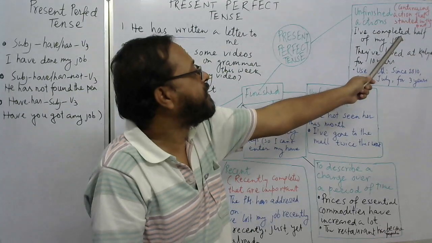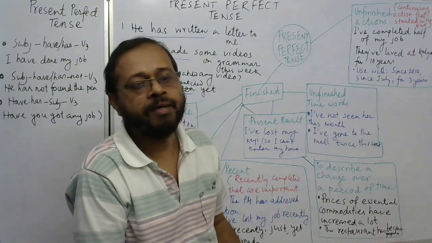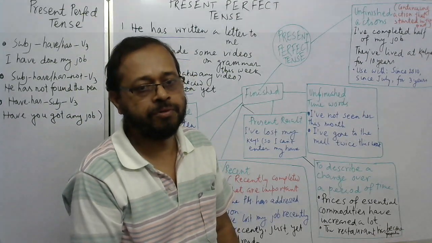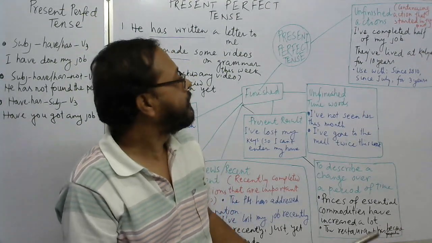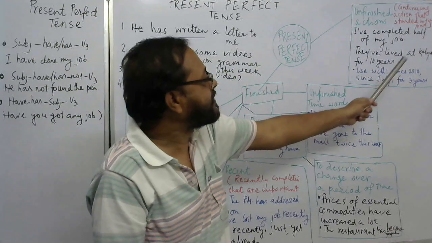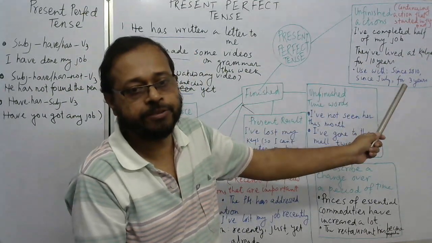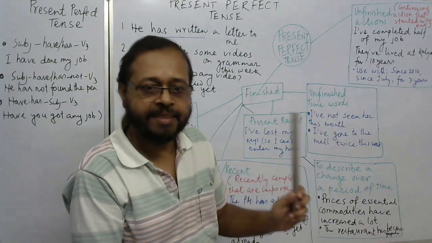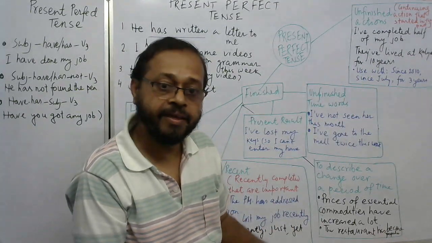The action started in the past, but the action still continues. I have completed half of my job. I have read half of a few pages of the book. I have not yet finished reading the book. They have lived at Kalyani for 10 years. This means that they are still living in Kalyani.